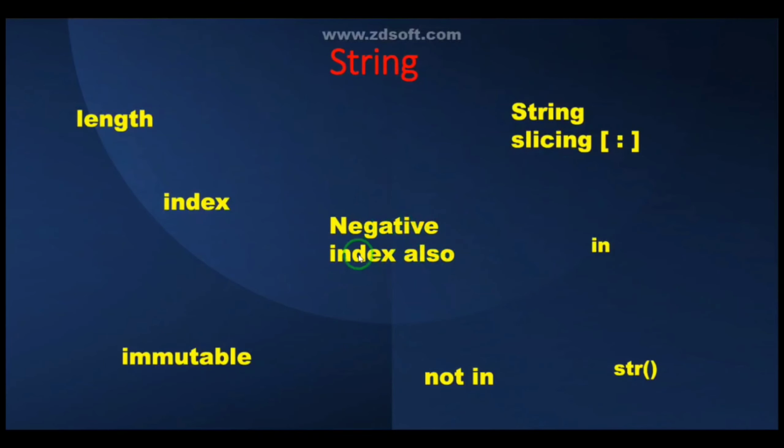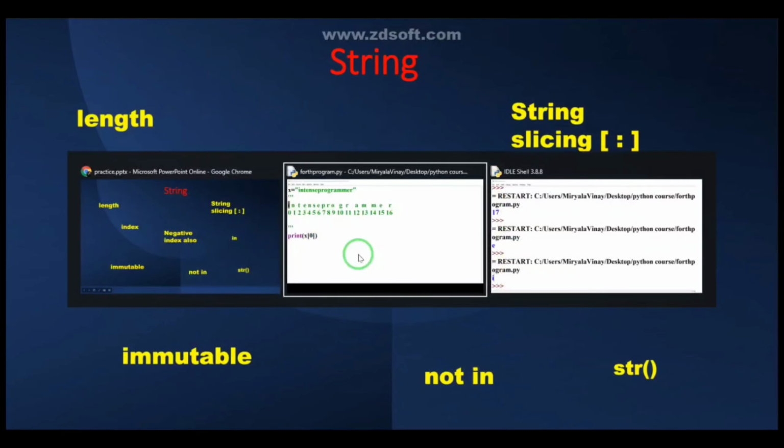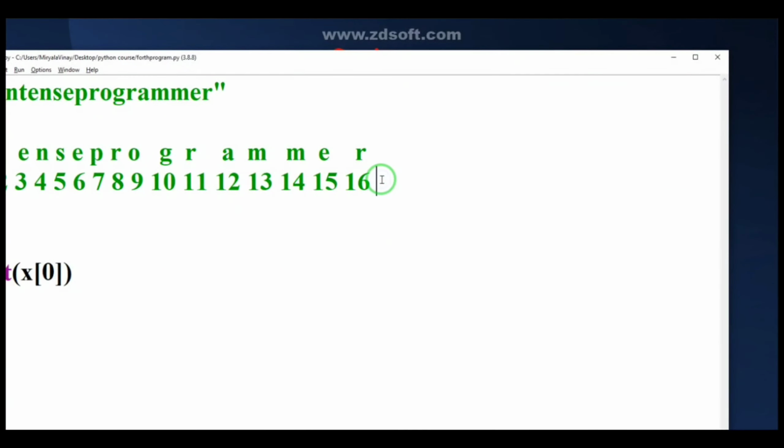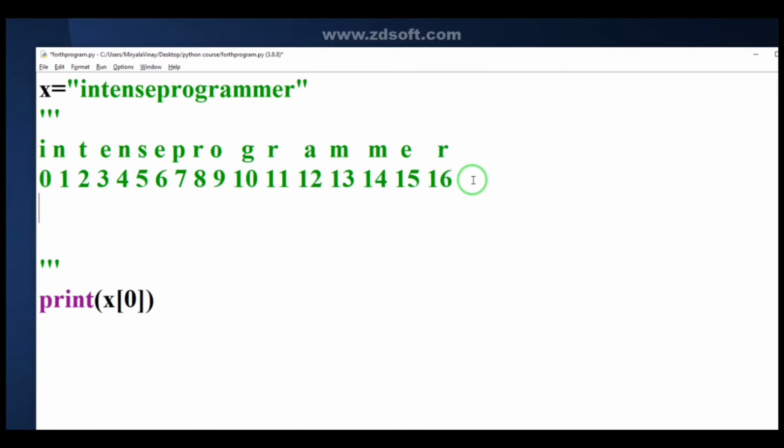It also accepts negative index. What is meant by negative index? Python accepts positive and also negative indexes, that is -1, -2, -3, -4, -5, -6, and so on up to -17.